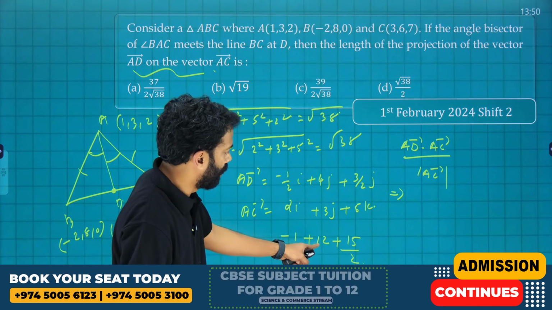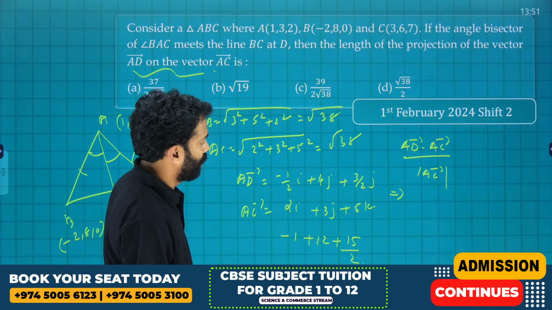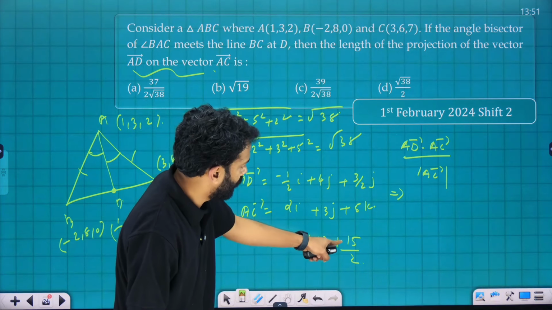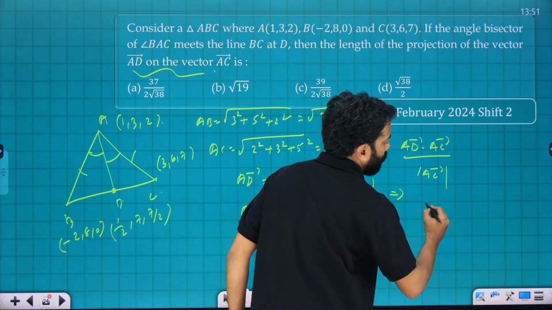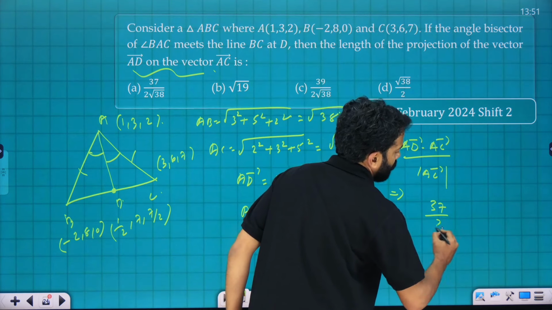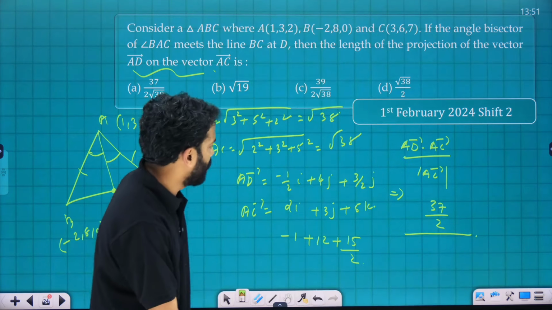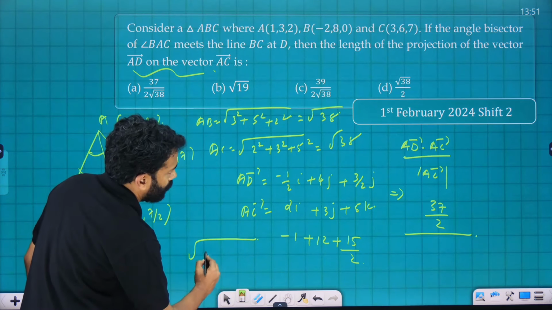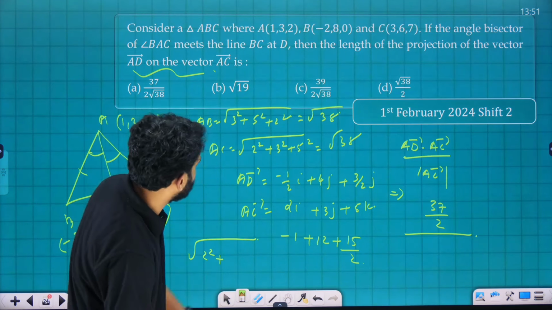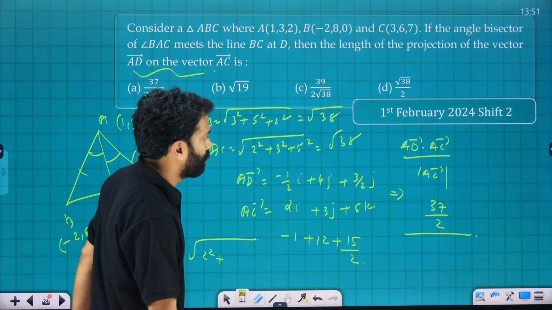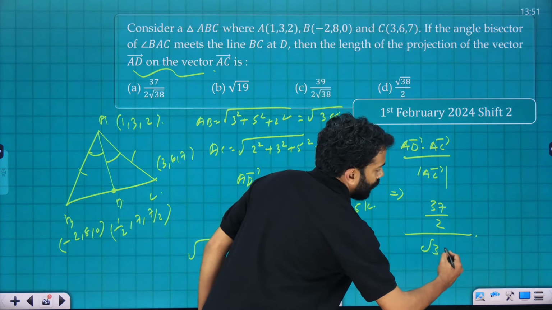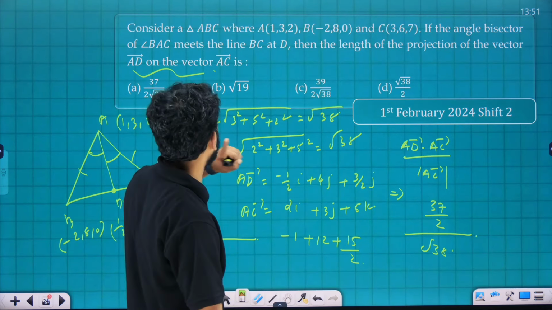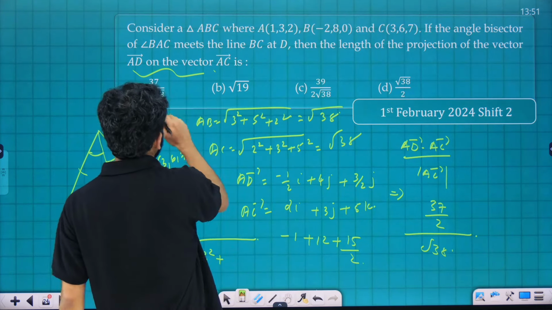That is 11 plus 15 by 2, and 22 plus 15, 37 by 2. The top part becomes 37 by 2 divided by the magnitude of AC. This is already obtained, root 38. So the final result will be 37 by 2 root 38.